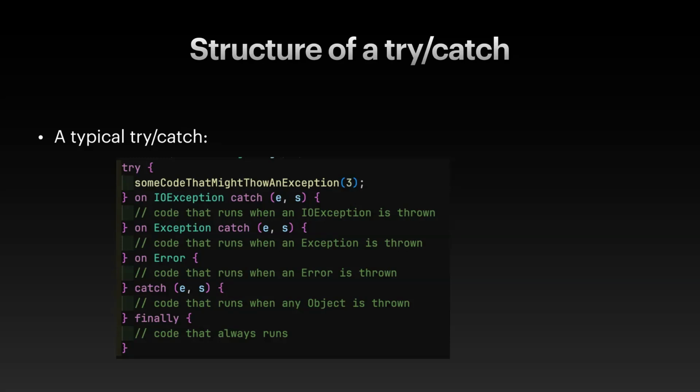The try block can either return a value, which means it's returned from the parent function that this is in, or in this case, it's executing in a void context, and we'll simply throw away the result. Then we have a series of on-catch calls. If anything of IOException or its subclasses, it'll end up doing that first one, with the error going into e and the stack trace going into s.